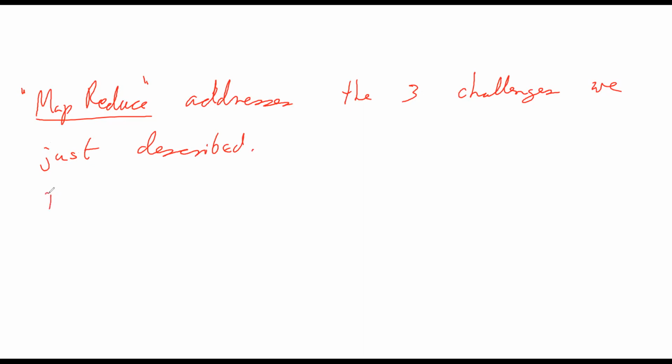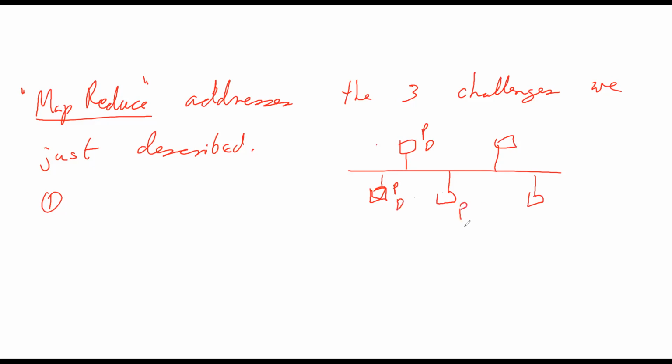Number one, so what was number one? Number one was nodes can fail, right? So if nodes can fail, then what do you need when you have a cluster? So you have a cluster that we know stores data and does processing. So they store data and they do processing, right?